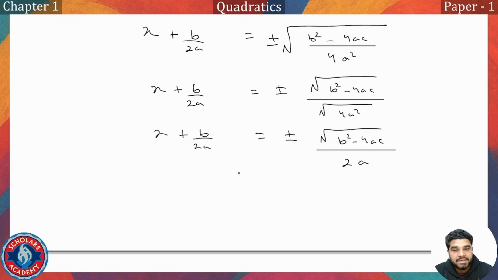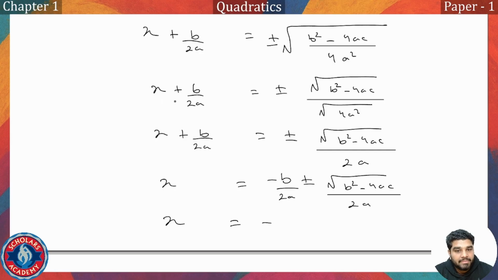Taking this part to the other side, we get x = (−b ± √(b² − 4ac))/2a, the same denominators. So the value of x becomes (−b ± √(b² − 4ac)) / 2a.